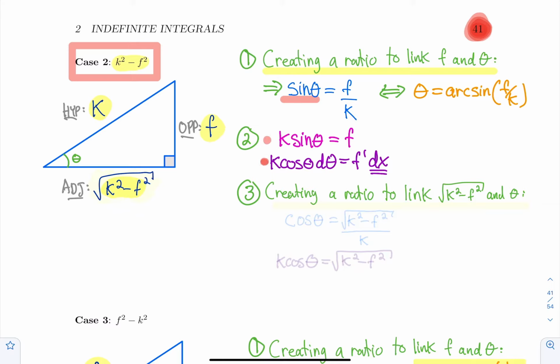And then the star of my style that I really enjoy is creating a ratio for the square root, the difference of squares here, so k squared minus f squared, and theta. Again, you want to set up a ratio that involves the adjacent side. So we want a ratio for the square root.